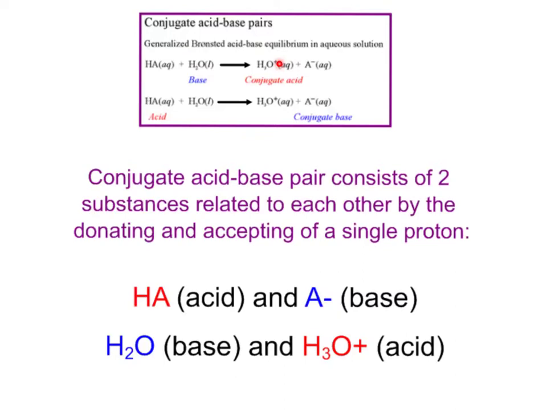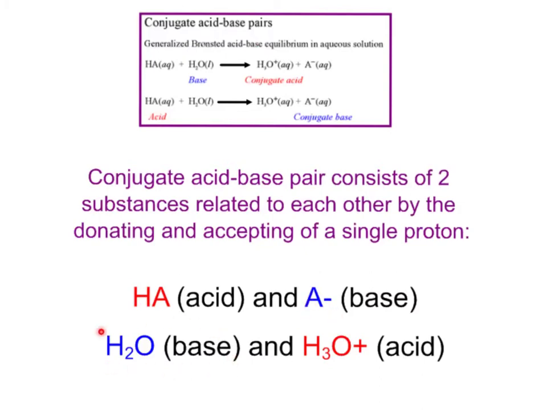If you're confused about determining what the conjugate is, when we have an acid, we will always have a conjugate base. And when you look at the acid, you can see that it can donate a proton. Its conjugate base then will have the ability to accept a proton.